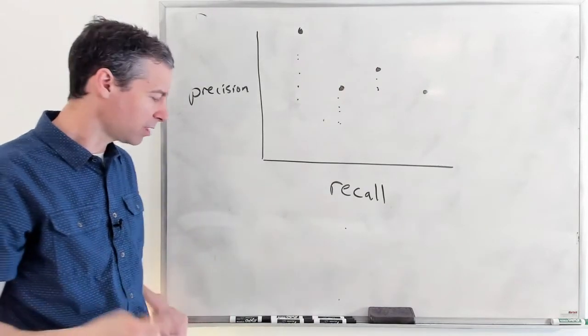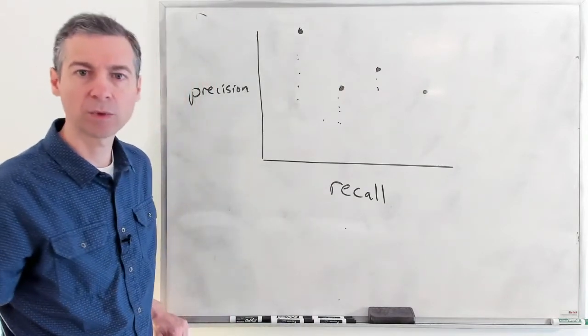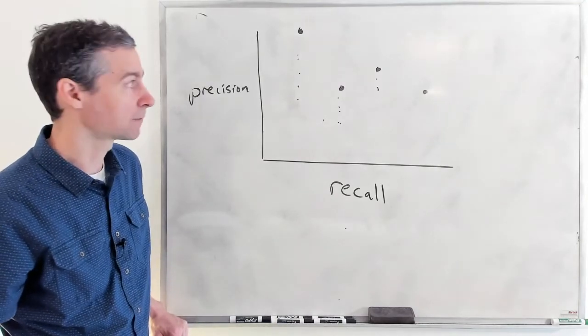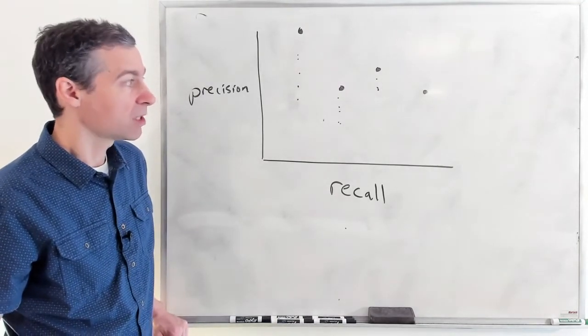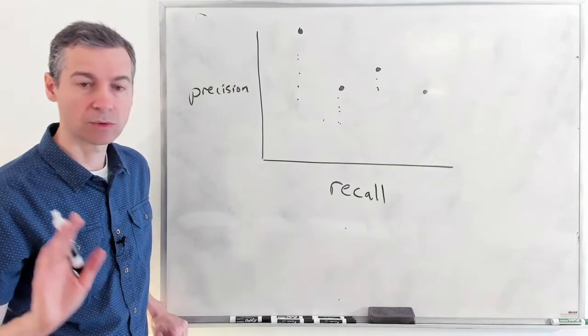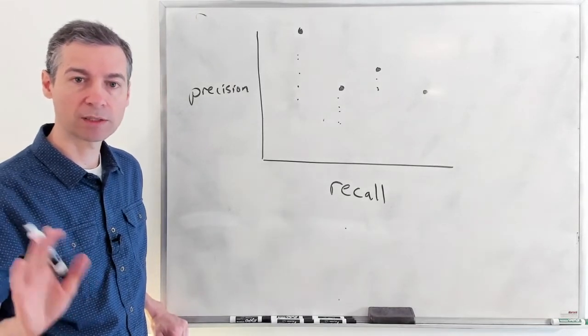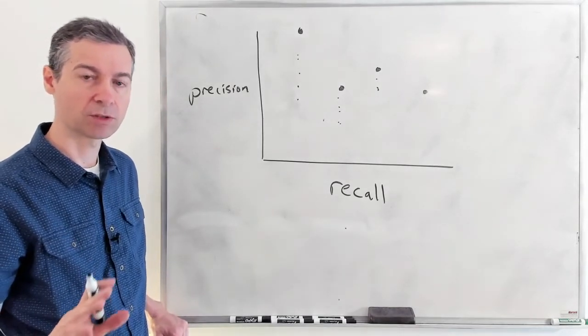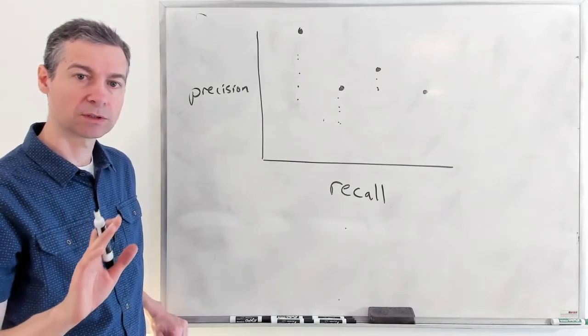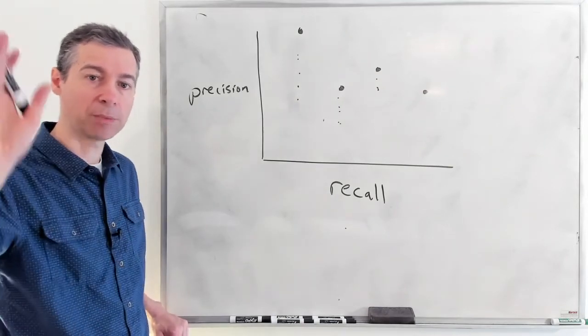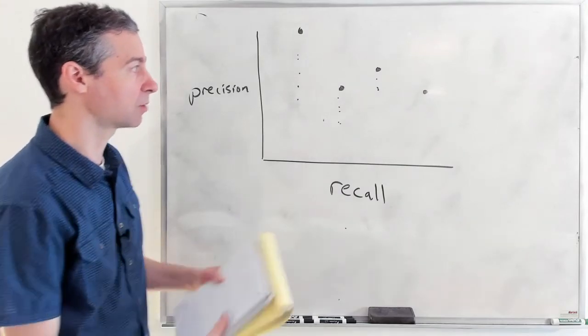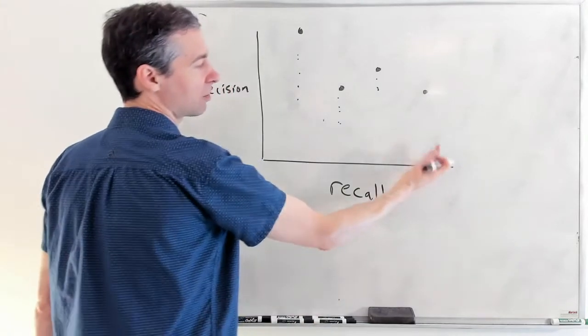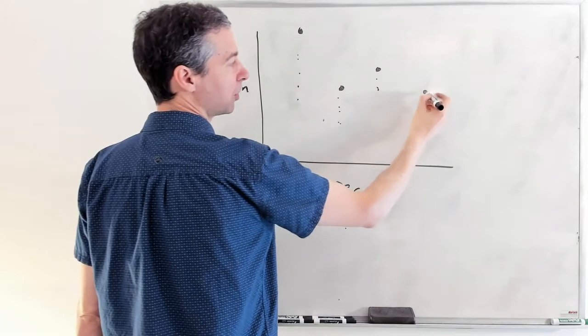And what we end up doing when we want to actually plot these is that we say that our precision will be monotonically decreasing. So we can never go back up. The nature of this is we start with our drawing at the far rightmost point.